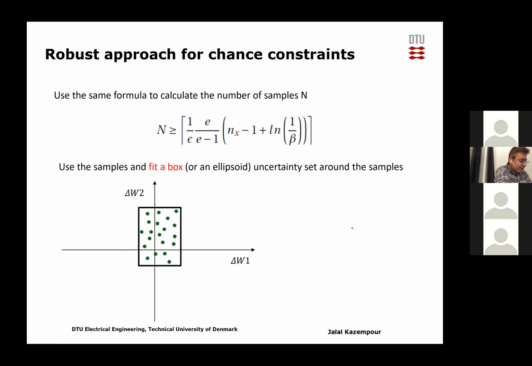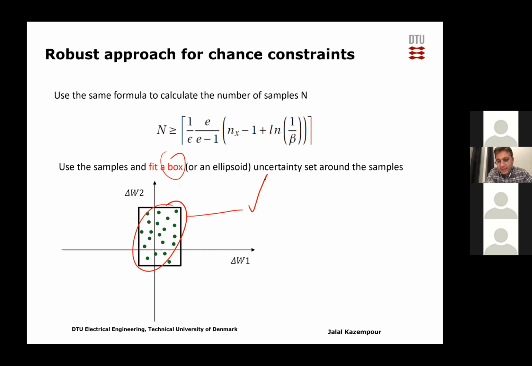Or you can provide a polyhedron, a budget type uncertainty set, or an ellipsoid uncertainty set. You just need to fit all your samples within the uncertainty set. Then you have the uncertainty set, and you can solve your problem as a robust optimization. Is it clear?